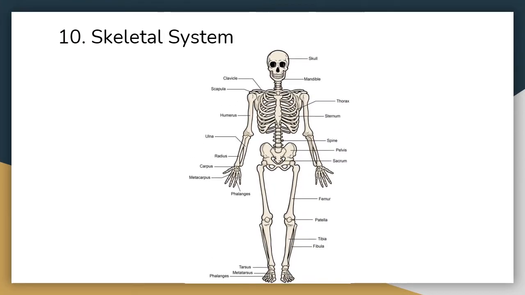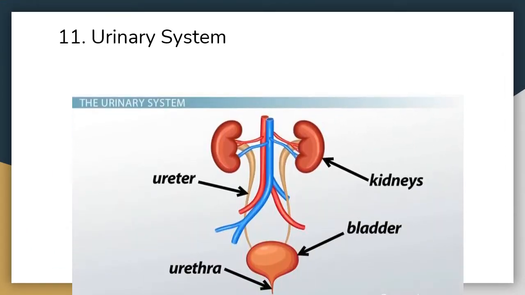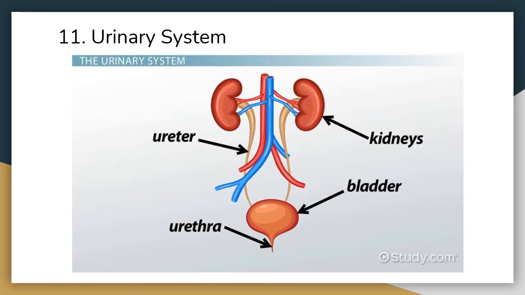For the skeletal system, we have the bones and joints. So these are the different parts of the skeletal system: the clavicle, skull, sternum, spine, and the rest. For the urinary system, we have kidneys, ureter, urethra, and bladder.